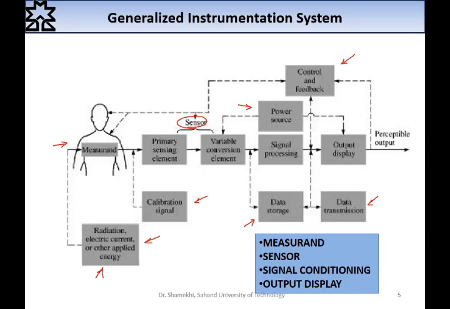Some measurements are generated normally in the body, like temperature and blood pressure, but some other measurements such as MRI images, CT scan images, X-ray images, sonography or ultrasonic images need some applied energy from outside of the body, and we use this applied energy to excite and generate that measurement from the body.